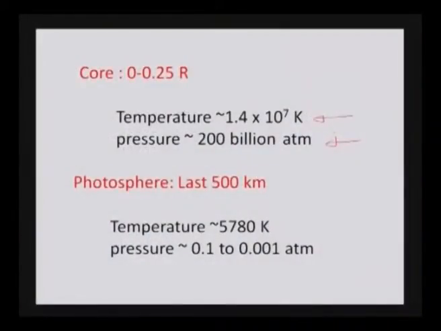That is the kind of density of that gas, and if you calculate the pressure at that density, you can use PV = nRT, and the pressure will come out to be almost 200 billion atmospheres.